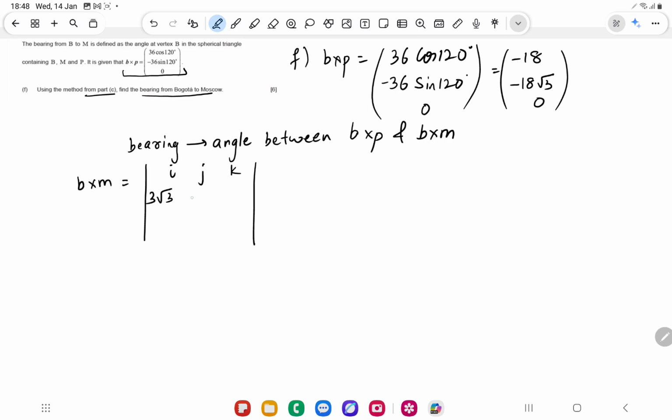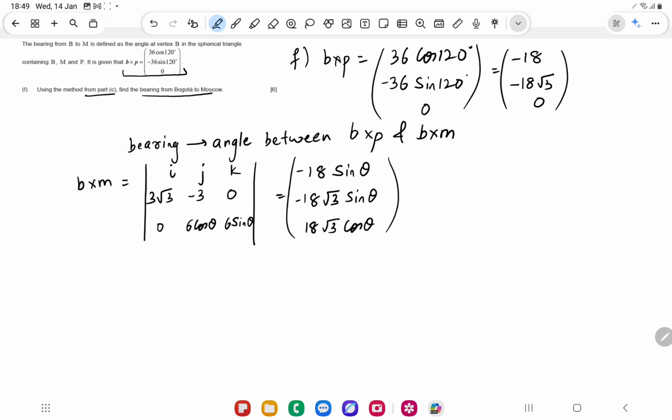So 3 root 3, minus 3 and 0. Next is 0. These values you can check from the previous part, sine theta. Now when we simplify this, we will get minus 18 sine theta, minus 18 root 3 sine theta and 18 root 3 cos theta. So we got our B cross M.